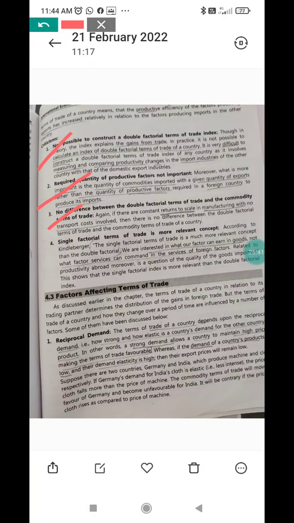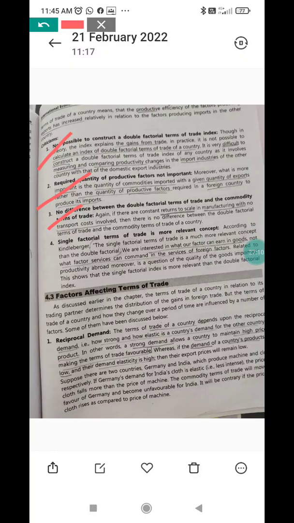According to Kindleberger, the single factorial term of trade is a much more relevant concept than the double factorial. We are interested in what our factors can earn in goods, not what services can command in service of foreign factors.